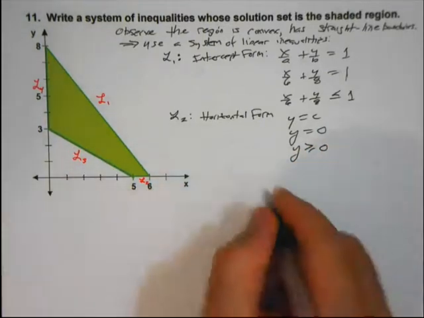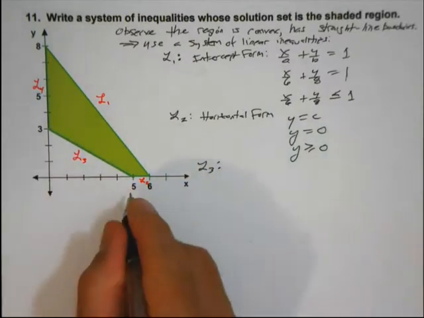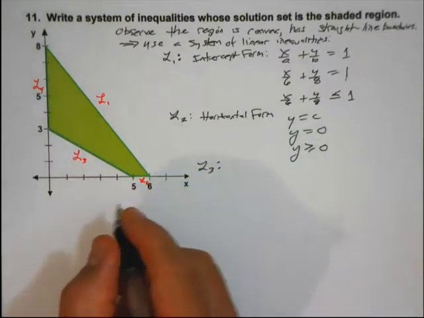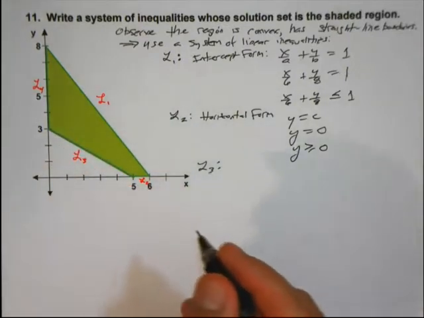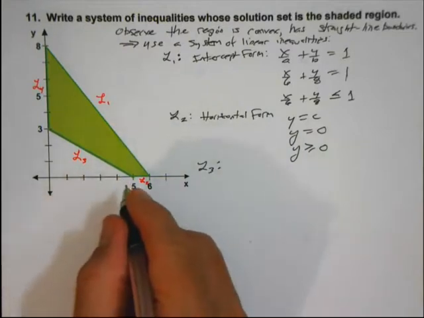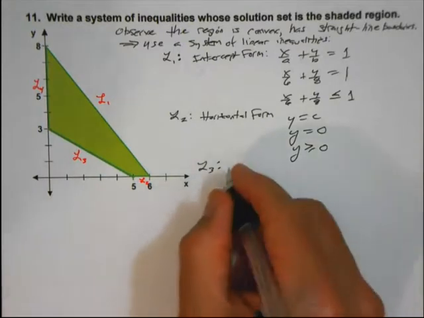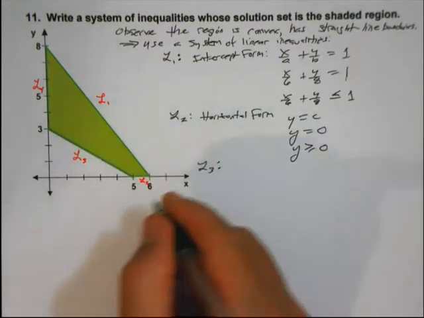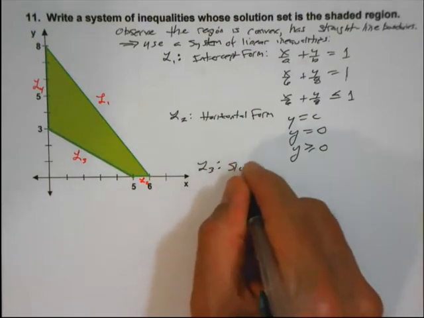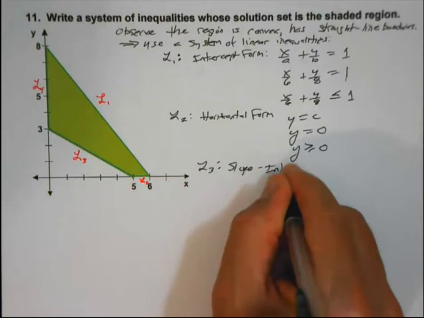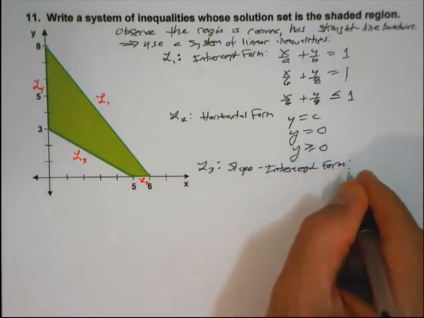Okay, let's go to L3. In L3's case, alright, we have the x-intercept and y-intercept. We could use intercept form. For the sake of variety, another perfectly good form you might consider here is the very familiar slope-intercept form. So even though L1 and L3 are very similar, we can just show you two different strategies here. So let's now think in terms of slope-intercept form. Okay, what's that?